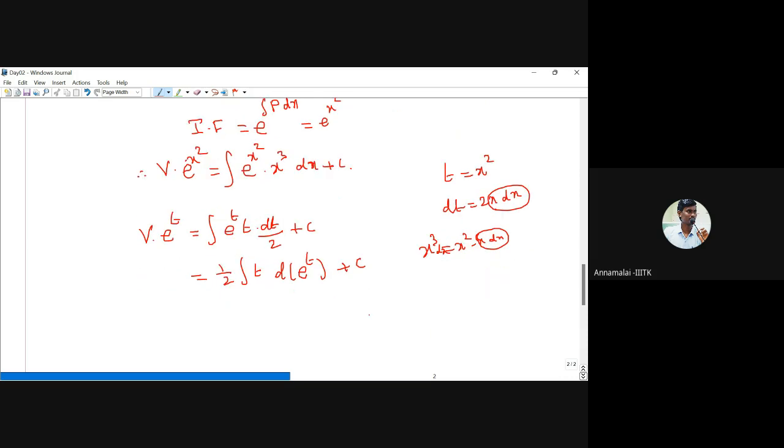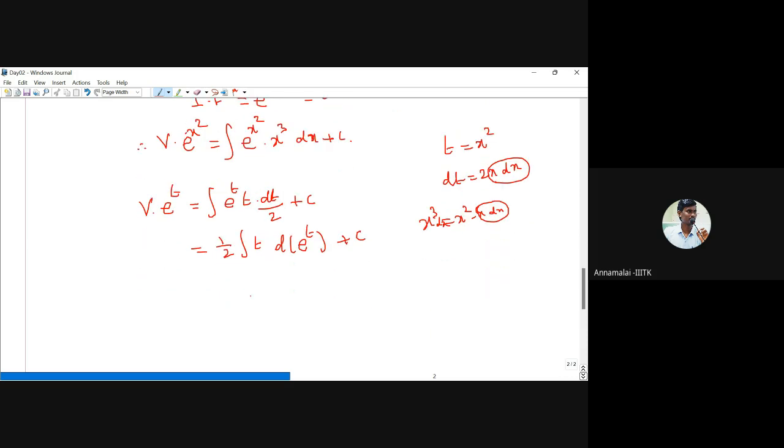You have to apply the integral u dv formula, which is uv minus integral v du. The derivative of t is dt, plus c. The integration of e power t is e power t. So we get 1 by 2 times t e power t minus e power t plus c.